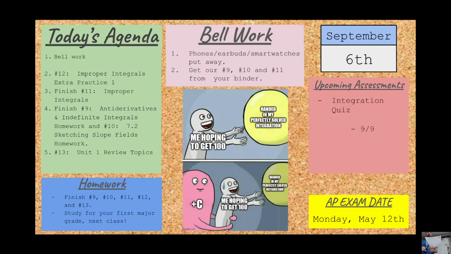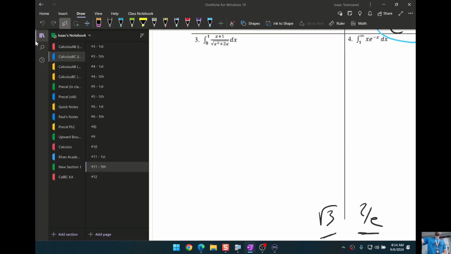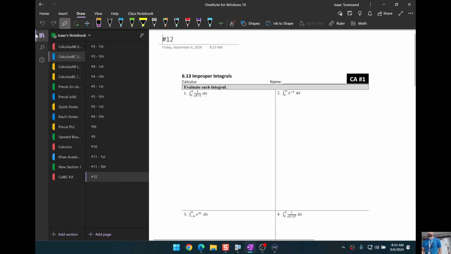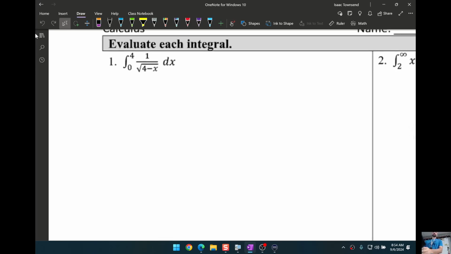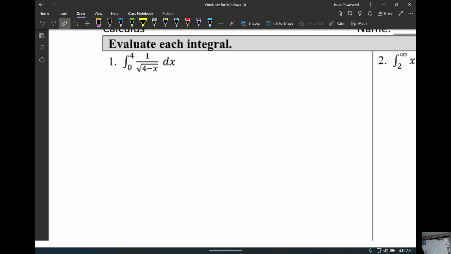So let's look at these 6 on assignment 12 you picked up this morning, and then you can go back and finish up assignment 11, and then if you didn't finish up the first and last page of assignments 9 and 10 from several classes ago, you need to do that. So we've got to kind of wrap it all up and be at the same place here, so that we can get a quiz in and start looking at some other stuff.